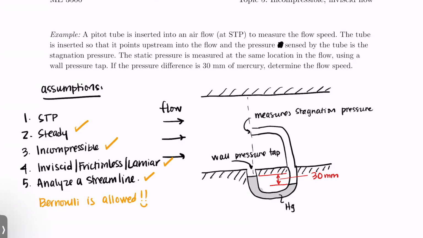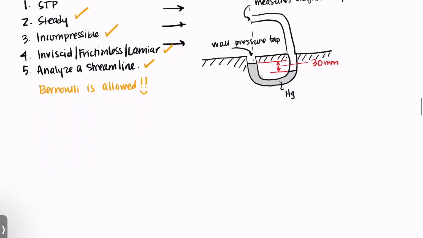All right. So I'm going to write down the Bernoulli equation. So I have P over rho plus velocity squared over 2 plus gZ is a constant. All right.